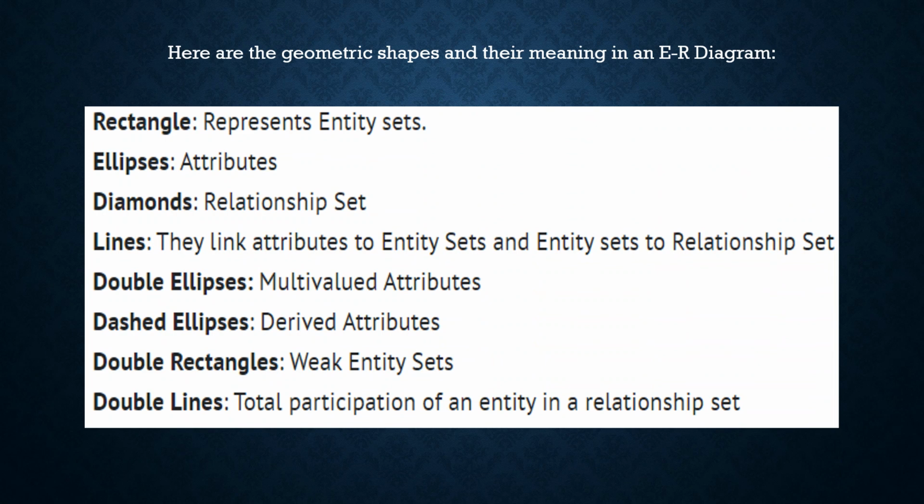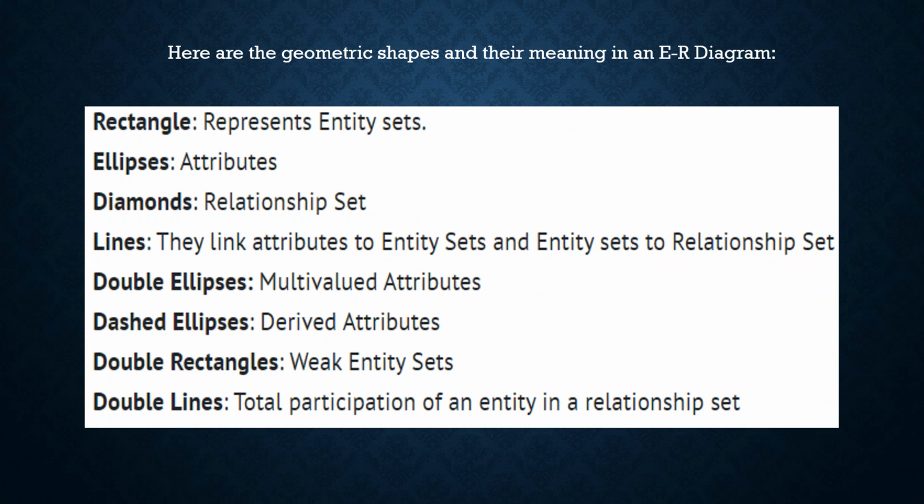Next, a diamond indicates a relationship. Next, lines are used to link attributes or one entity to another, or an entity to a relationship, etc. Next, a double ellipse indicates multi-valued attributes.